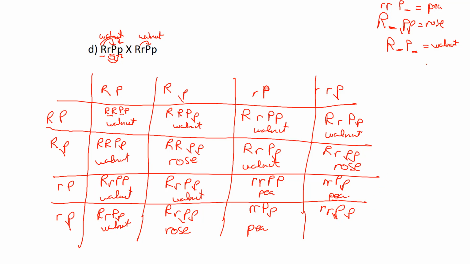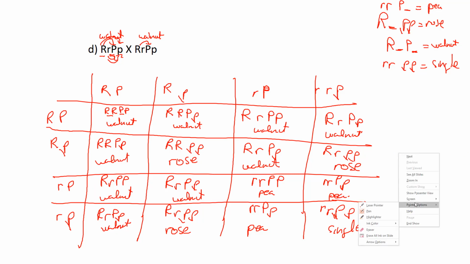Remember when everything was recessive, we said it was a single. That's what this one's going to be. So in this case, I don't want to mess this up, especially after we've done all this work, and trust me, this does happen. Not just me messing up, but misinterpreting when you actually count and do all this work.